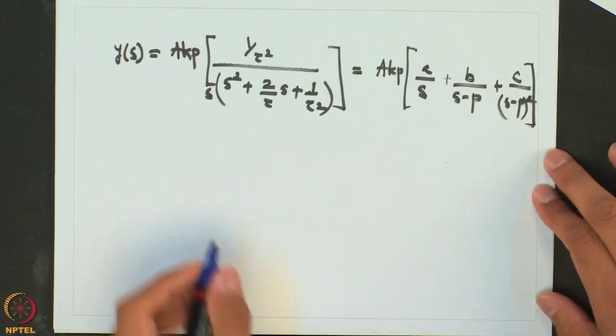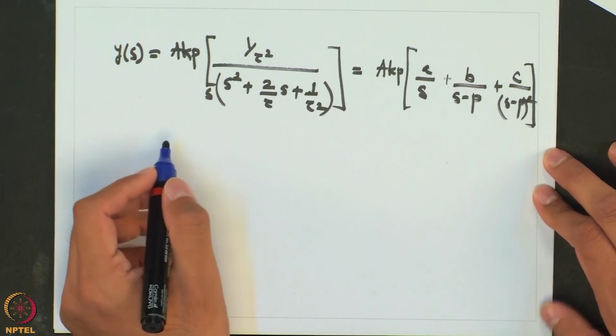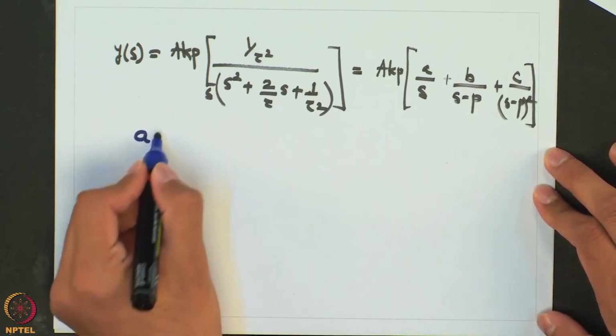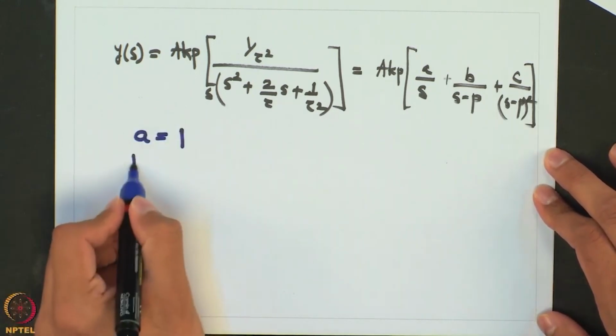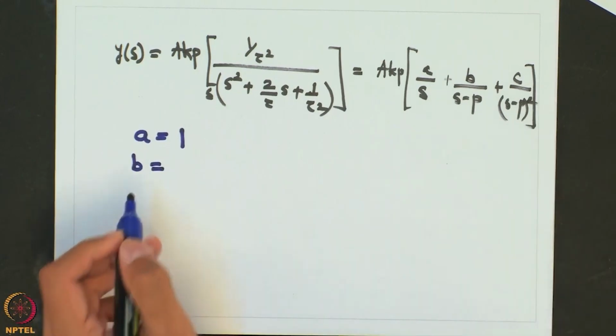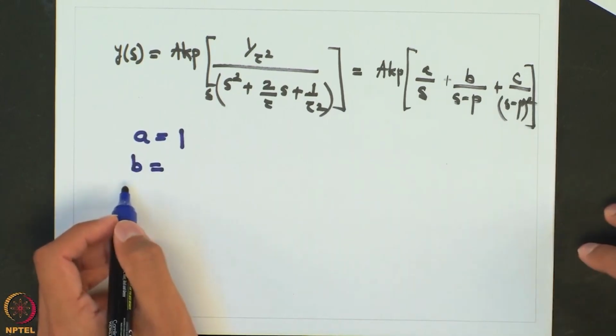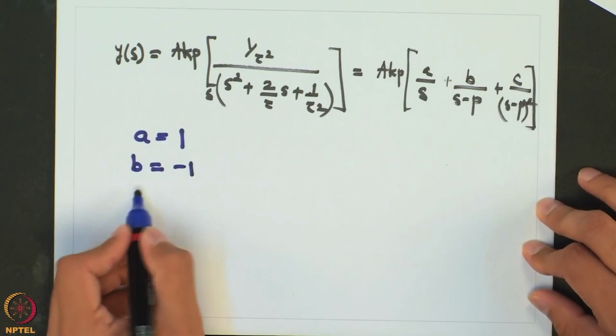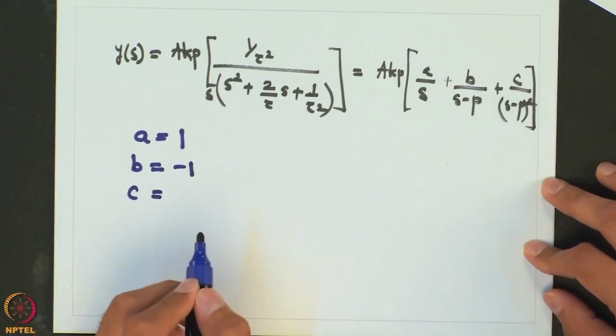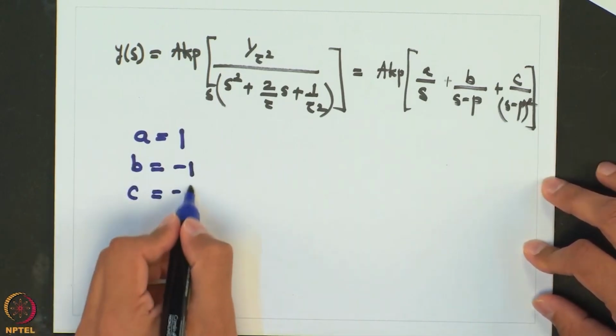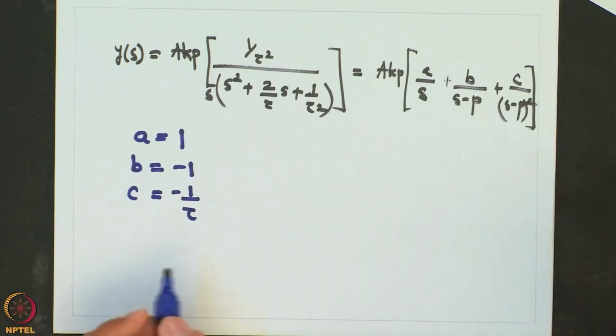In this case when we use partial fractions, what you are going to end up with is A equal to 1, B will come out to be equal to minus 1, and C will come out to be minus 1 over tau.